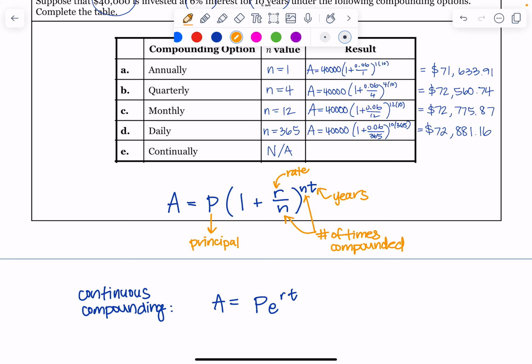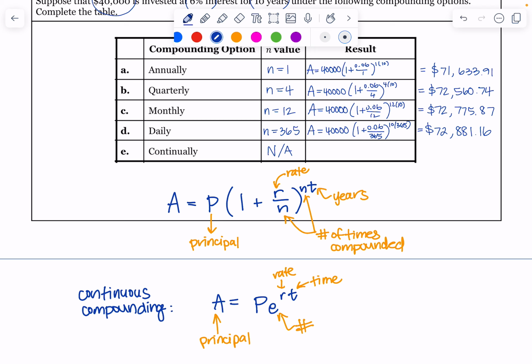Okay, so if we label this, this is still principal. R is still rate. T is still time. And E is just a number. Okay, it's on your calculator, but it's just a number.